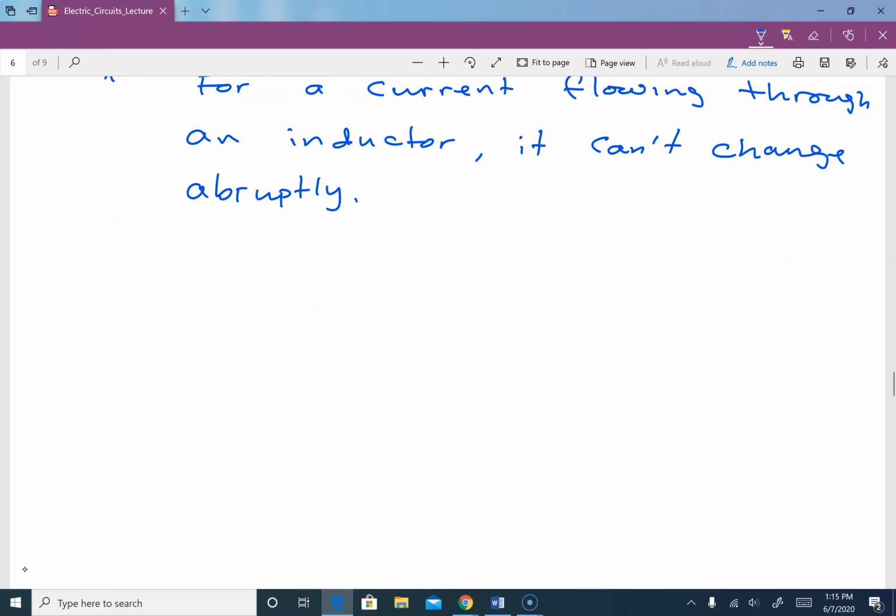What that means is, if I have this as I of the inductor, then the current can increase and decrease.